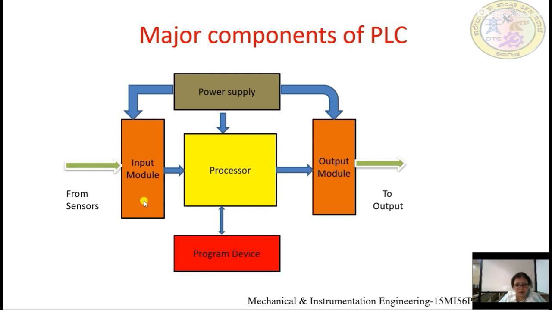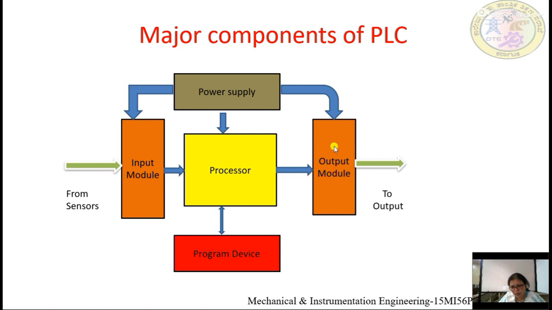The input module consists of push buttons, switches, sensors, or any input device through which we can capture the signals that are fed to the processor. They are processed according to the logic diagram developed by the programmer, and this in turn controls the output module.